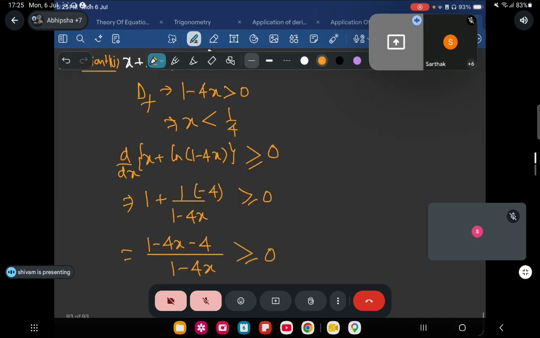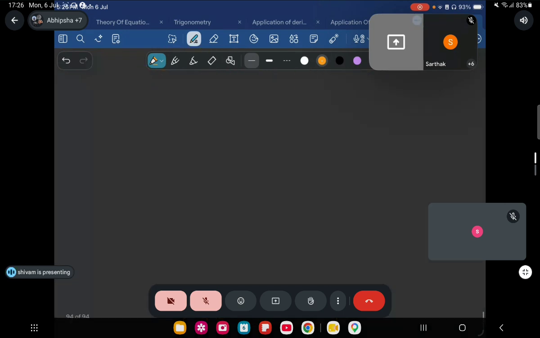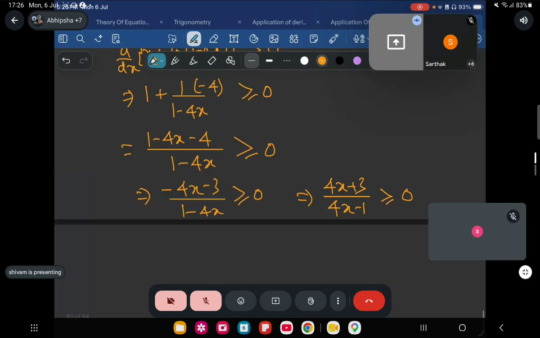So 1 minus 4 is minus 3, right? So we have got minus 4x minus 3 upon 1 minus 4x must be greater than or equal to 0. Or we can write it as 4x plus 3 upon 4x minus 1 must be greater than or equal to 0. Right, tell me. Are you getting it, Sarthak? Okay. What are the critical points over here?